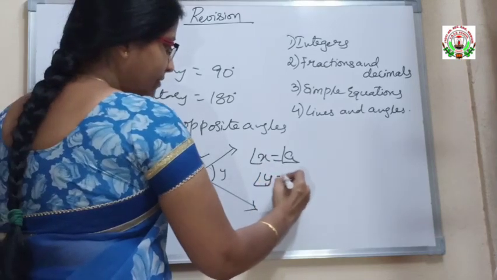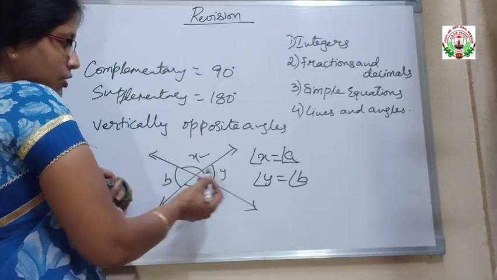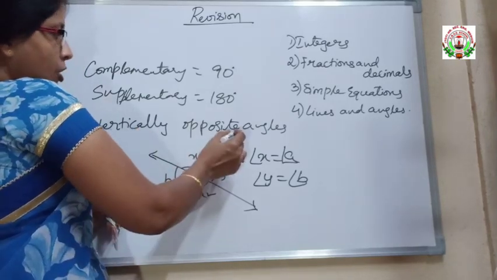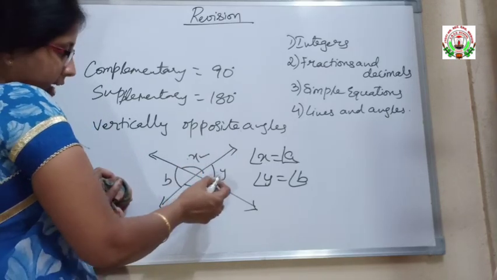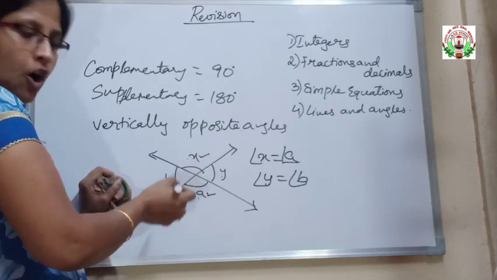Next, angle Y will be equal to angle B. These two are in opposite directions, so angle Y and angle B will be equal. Angle X and angle A are equal, angle Y and angle B are equal. These are called vertically opposite angles.